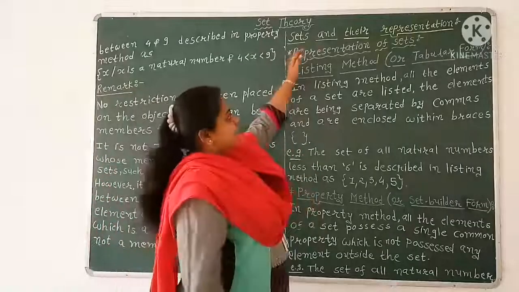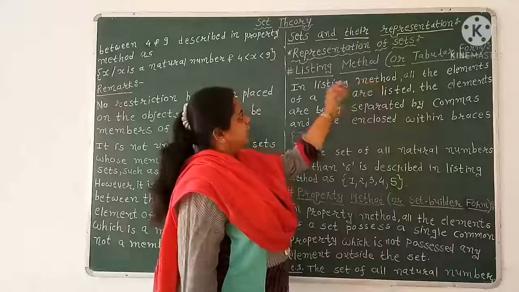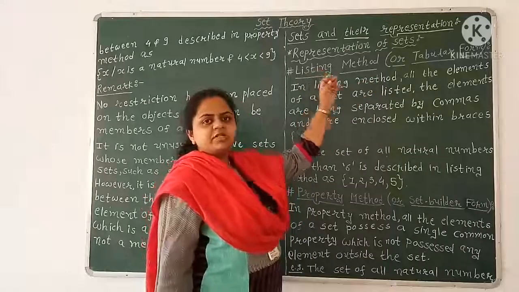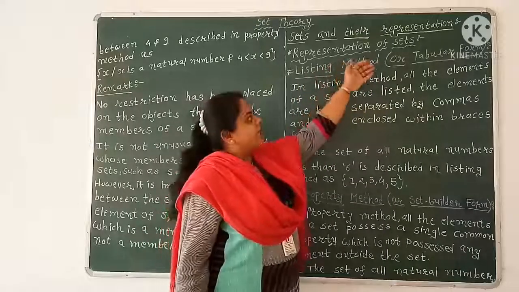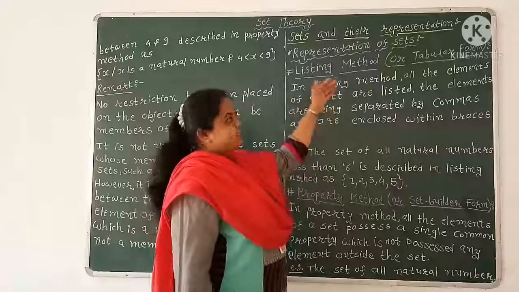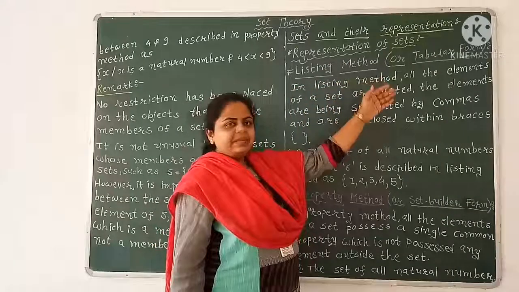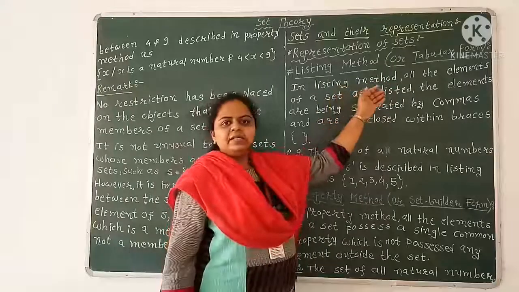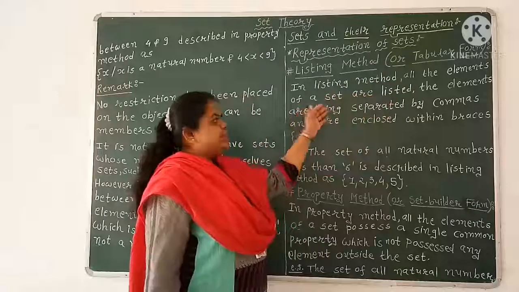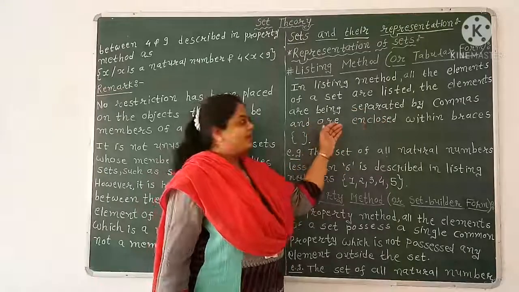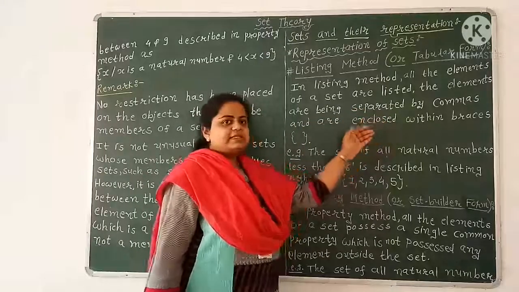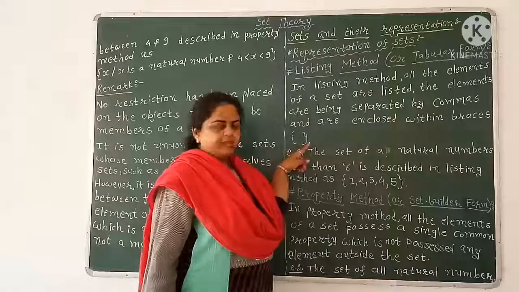Now, representation of sets. There are two methods for representation of sets. First, the listing method or tabular form. In the listing method, all the elements of a set are listed. The elements are separated by commas and are enclosed within braces, that is curly brackets.